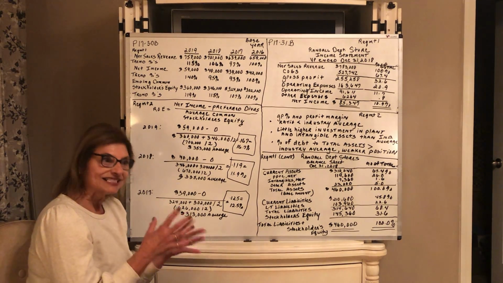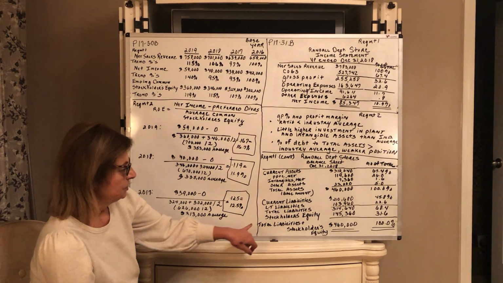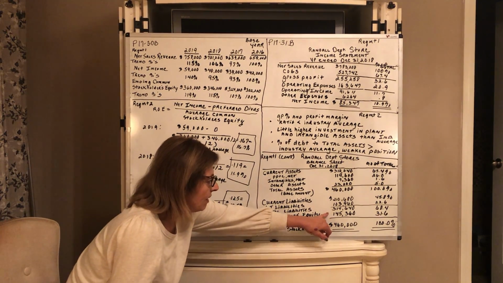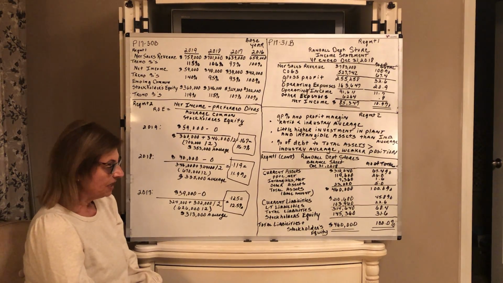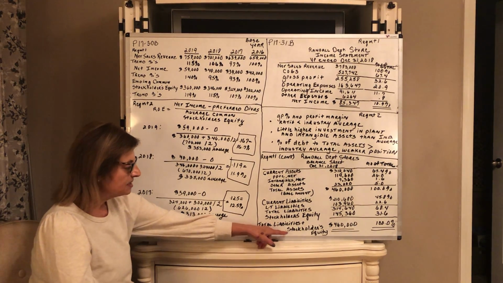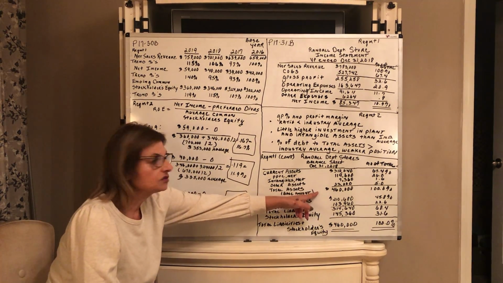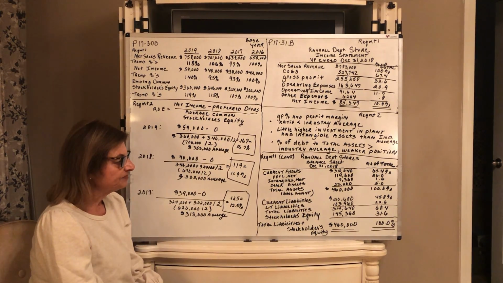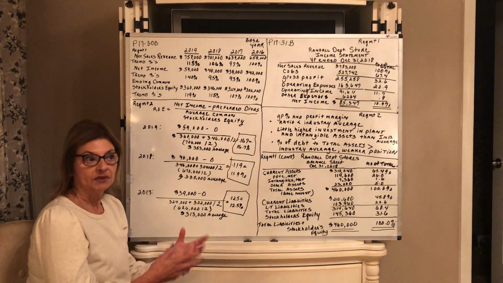And we'll see how that stacks up against what the industry is. So our total stockholders' equity at 145,360 is 31.6%. Notice the total liabilities and stockholders' equity is 100%, just like total assets. Okay? So that part, it is a pretty easy formula to do.